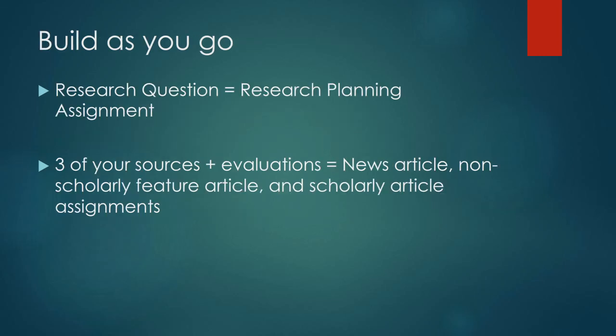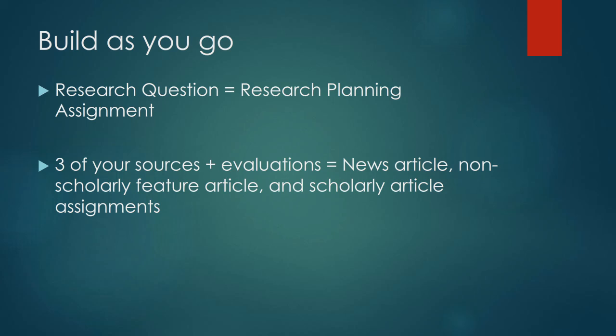So you will build this project as you proceed through the course. You'll build your research question in the research planning assignment, which I believe is the second assignment in the class. Then 3 of your sources plus their evaluations will be found in the news article assignment, the non-scholarly feature article assignment, and the scholarly article assignment.